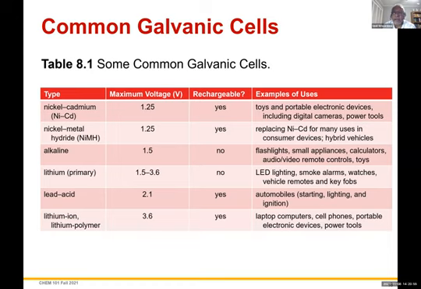Then in hybrid cars, you use nickel metal hydride. The voltage is 1.25. Rechargeable, yes. They are more powerful than nickel cadmium batteries.